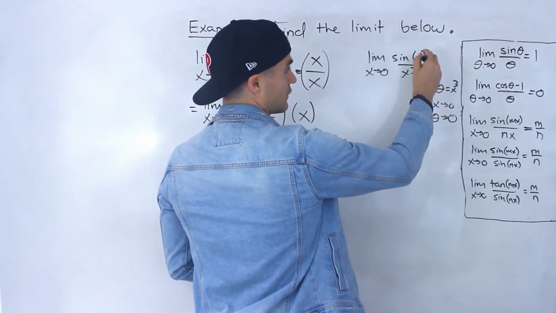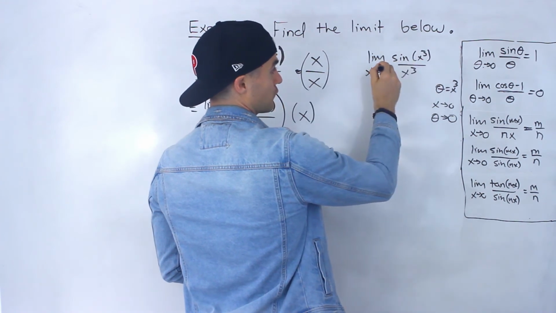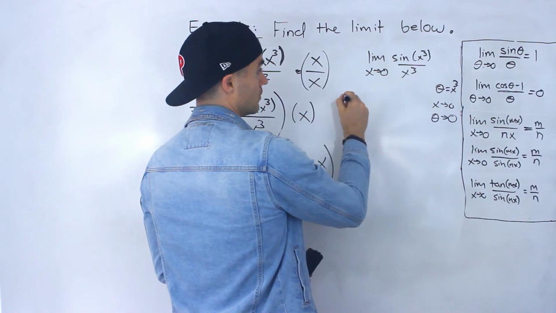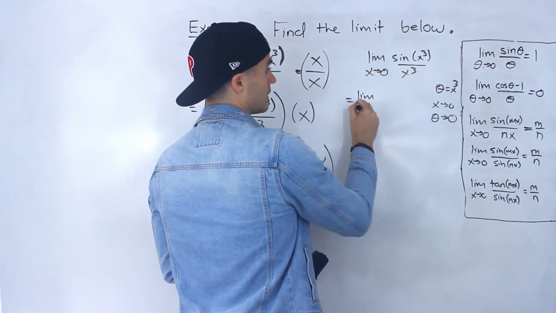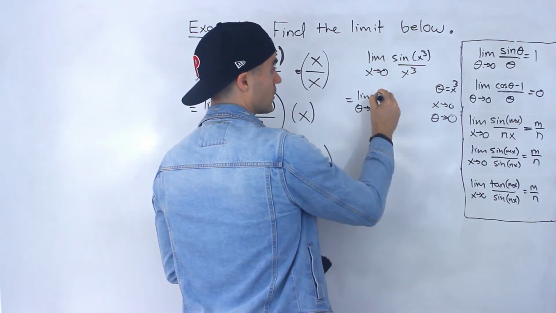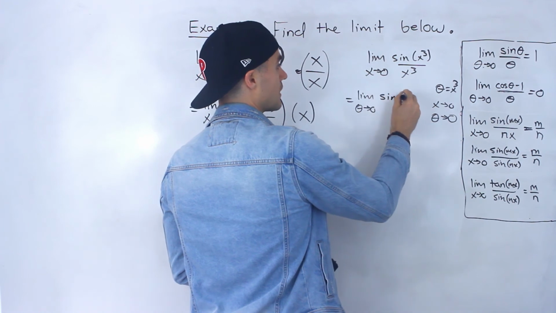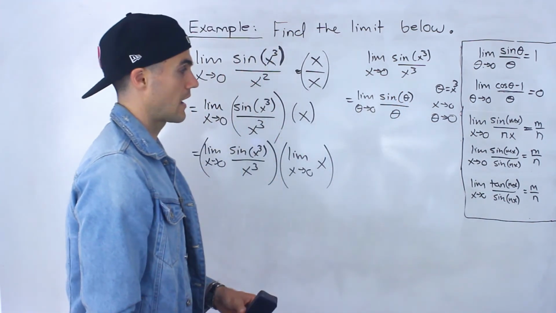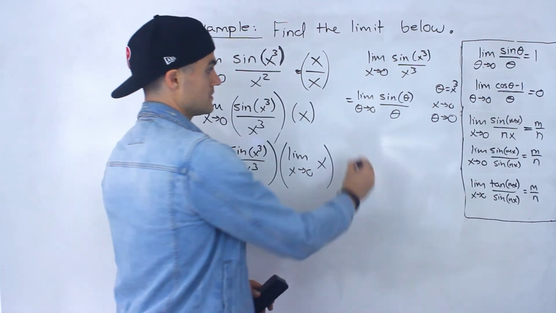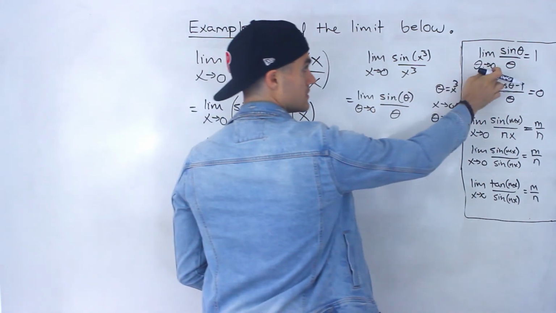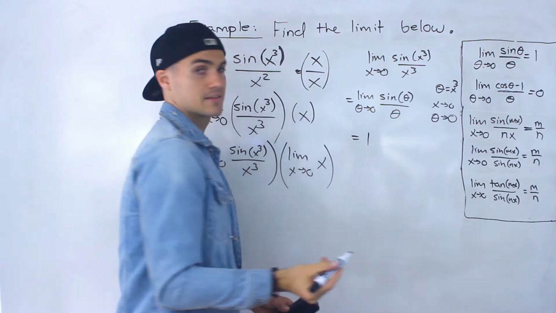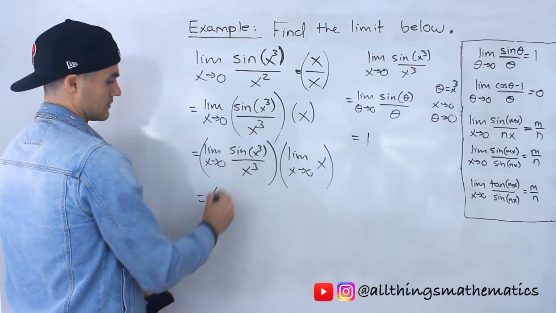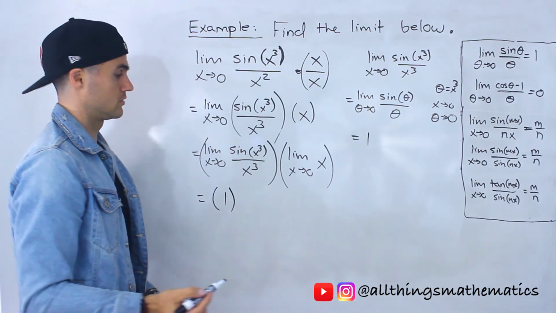So we could plug in theta for this x cubed, and then for this x approaching 0, we could plug in theta approaching 0. So we'd have the limit as theta approaches 0 of sine of theta all over theta, like that. Okay, so we know that this just ends up equaling 1. So we know this first bracket is equal to 1.